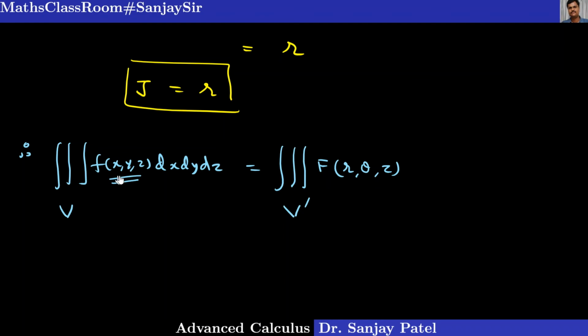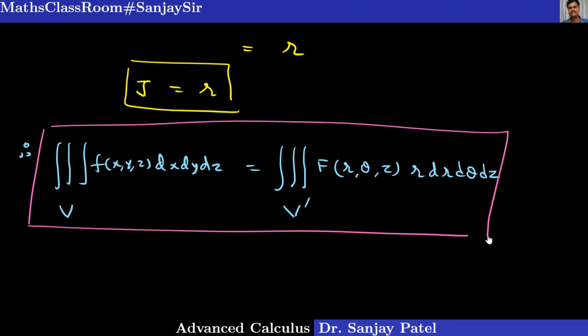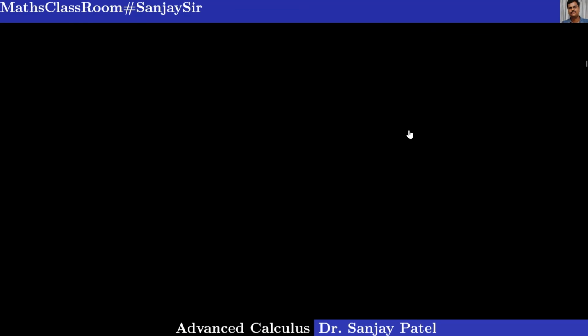So this function f finally reduces to a function of three variables r, theta and z. And dx dy dz is to be replaced by mod J, that is r into dr, d theta and dz. So this is another important transformation formula for transforming a triple integral into the cylindrical coordinate system. Okay. Next, the last one.